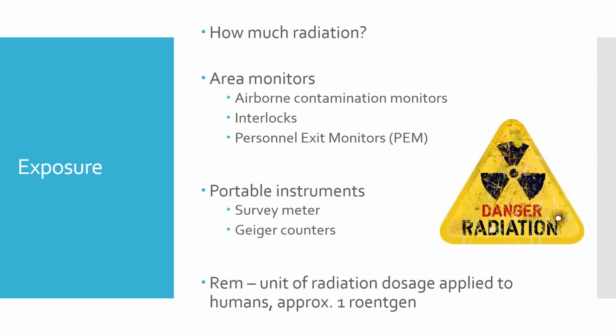Other things are known as interlocks. An example of an interlock is your microwave. A microwave is a radiation source, but as soon as you open the door while it's running, or you pop the little latch on it, it immediately shuts the microwave off so that you don't get microwaved by opening the door.